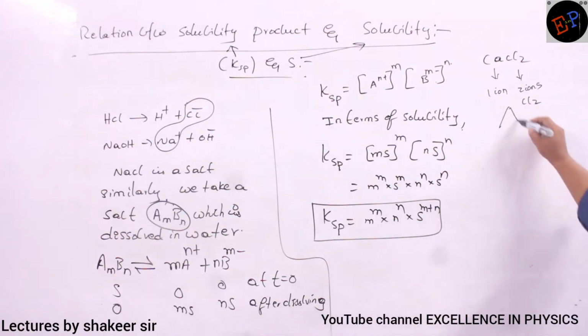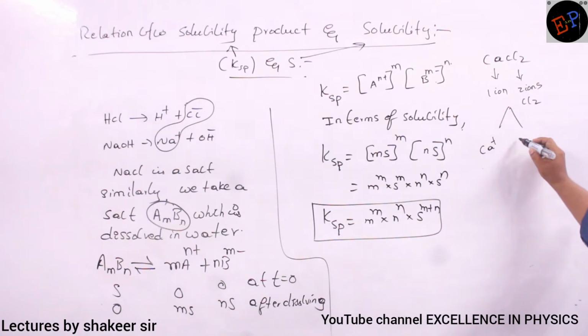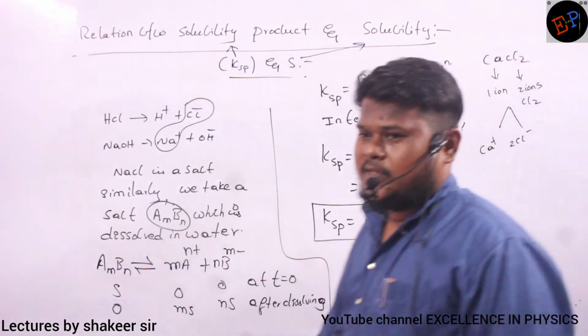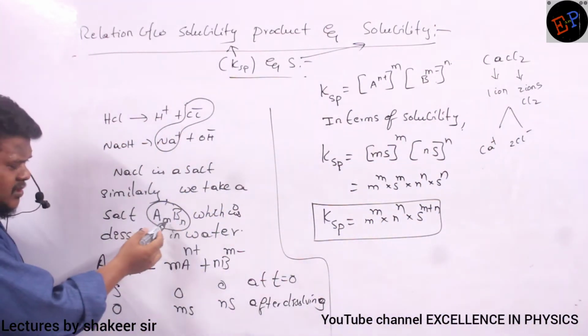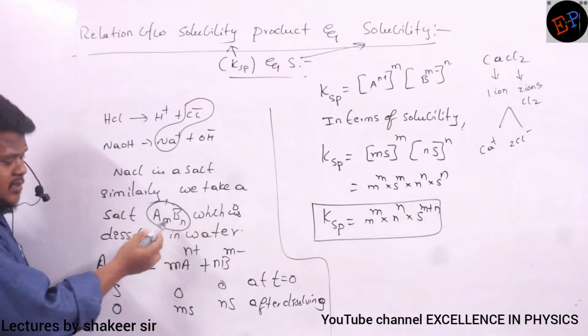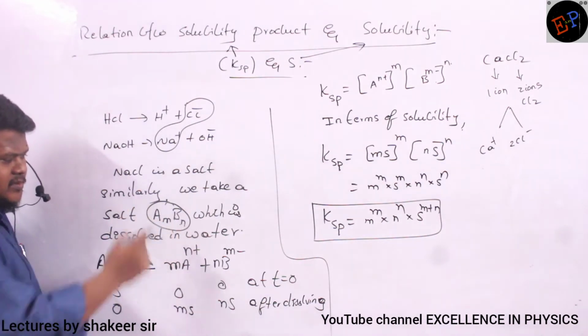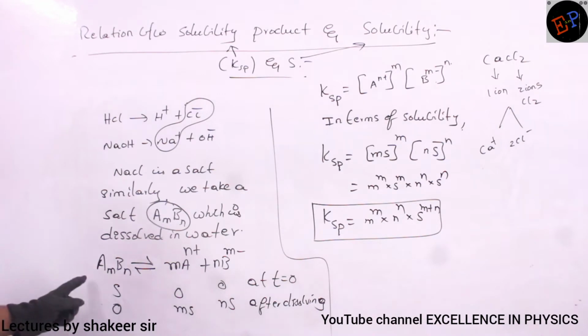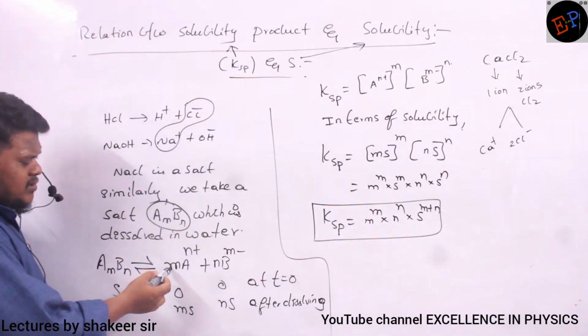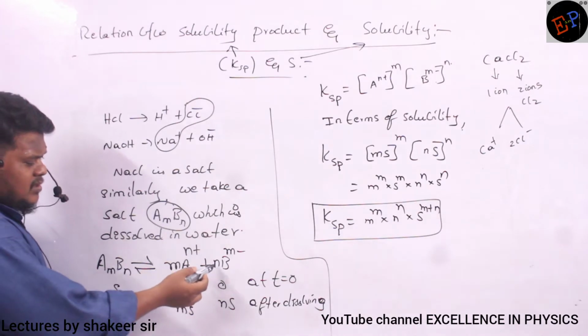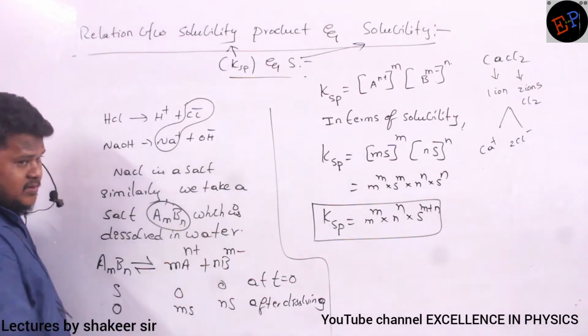So if this salt is dissociated, it forms Ca 2 plus and 2Cl minus. This is how it will dissociate, no? Similarly, I am taking a salt in which m ions of A and n ions of B are present. So it dissociates into m A to the power n plus and n B to the power m minus.